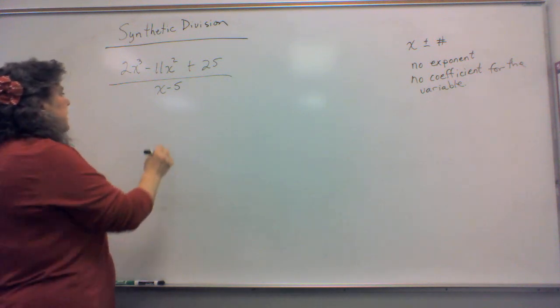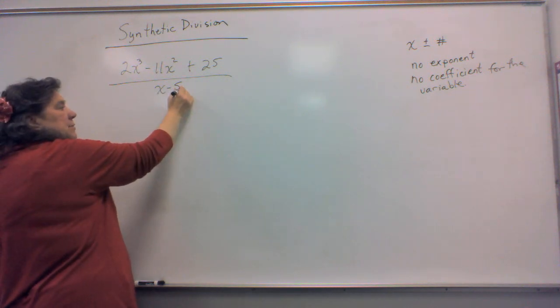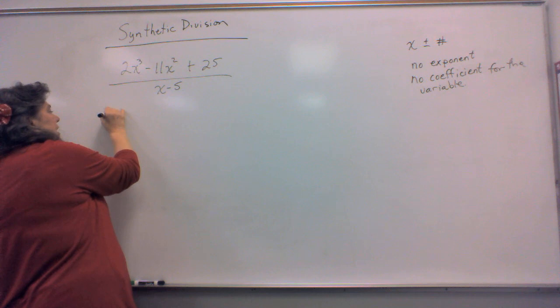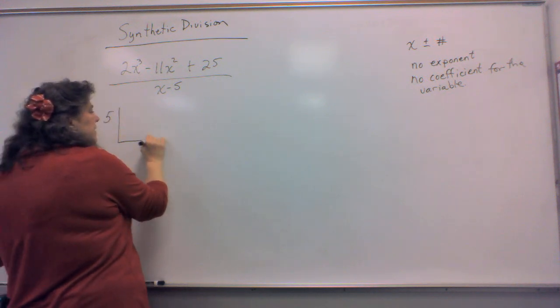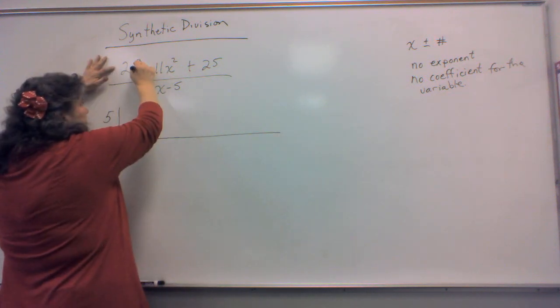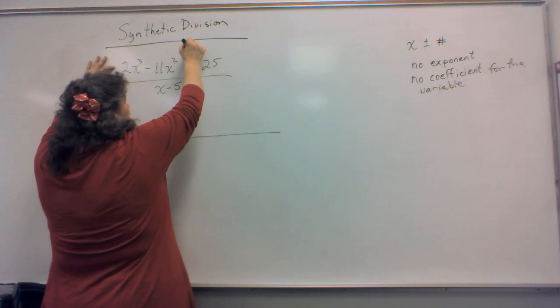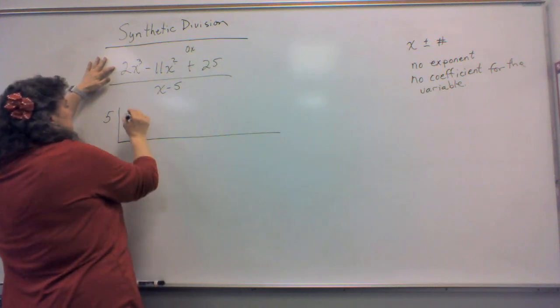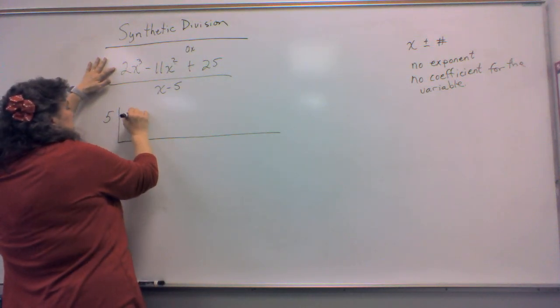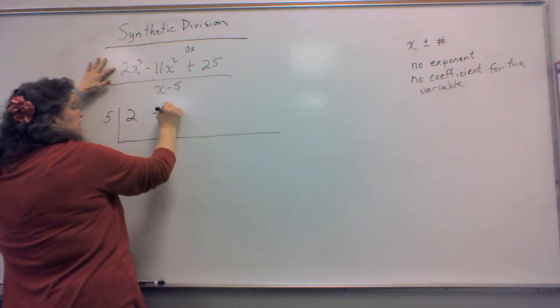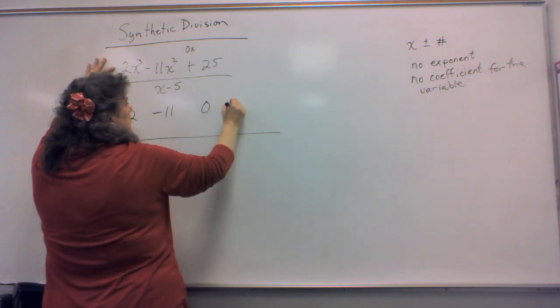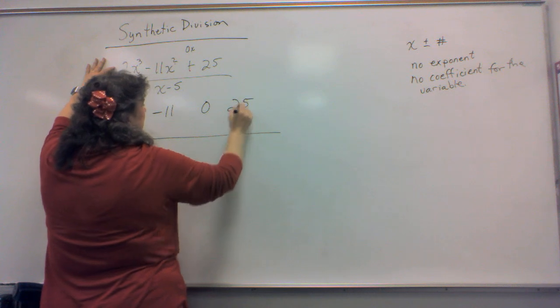Okay, so again, x minus 5 equals 0, so the opposite of negative 5 is 5. Now for my coefficients, I have the 2, and I need a 0x here to finish it up.